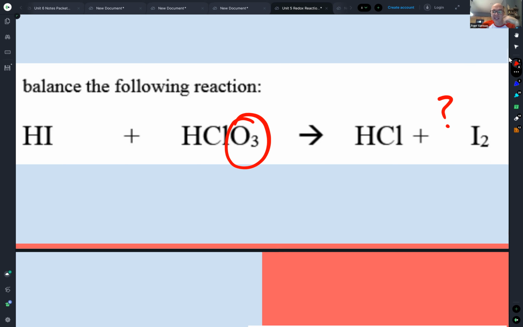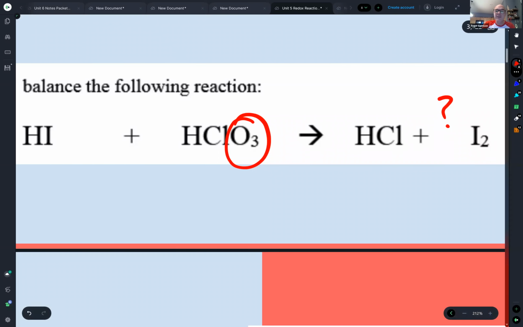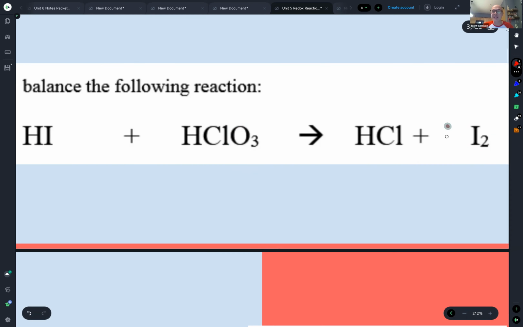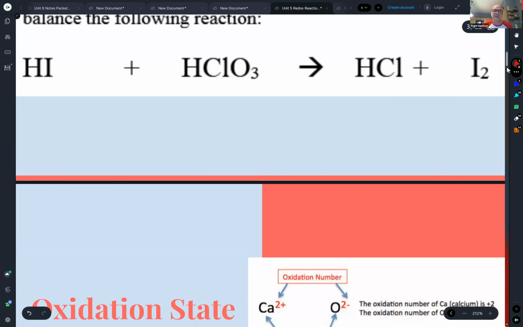You can't just simply throw oxygens in there. We have to know where they are going to be and why they disappeared. So we incrementally are going to work our way towards that. But we start this process by addressing something called the oxidation state, or the charges. We have to be able to predict those.